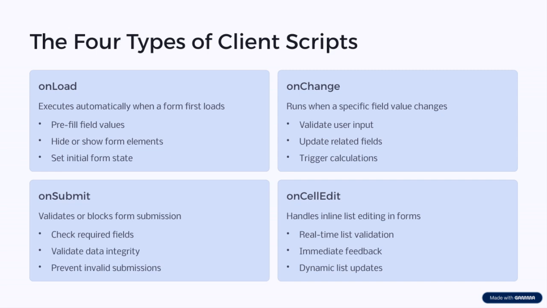Speaking of validation, real-time list validation helps us confirm that entries are correct before submission, preventing errors early on. Next, inline list editing in forms allows users to modify list items directly within the form, making the process more intuitive. The on-cell edit function triggers actions right after a user edits a cell, enabling instant validation or calculations. This helps prevent invalid submissions and ensures data integrity by checking required fields on the fly.